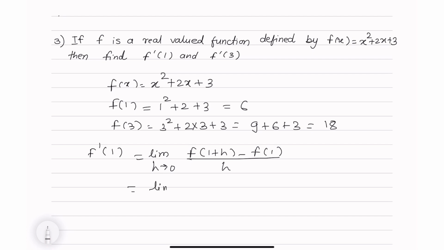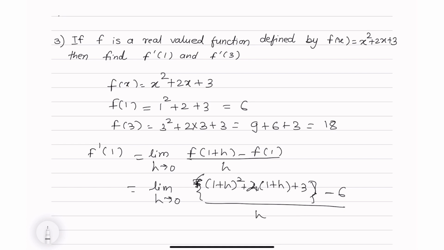So limit h tends to 0 of f of 1 plus h, that is 1 plus h square plus 2 into 1 plus h plus 3, minus f of 1, which is 6, divided by h.